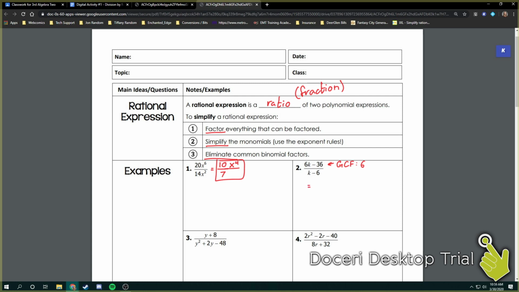We would get 6 times k minus 6 over k minus 6. And then I look at this and see, is there anything that factors out? Well, the expression k minus 6 is the same for both the numerator and the denominator, so those would cancel out, leaving me with 6.